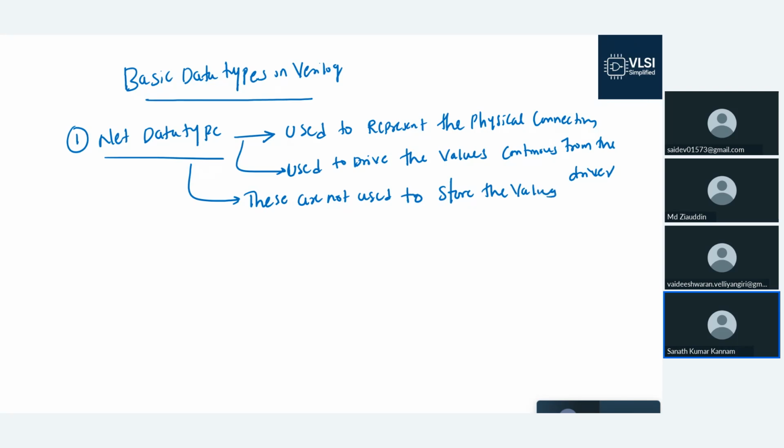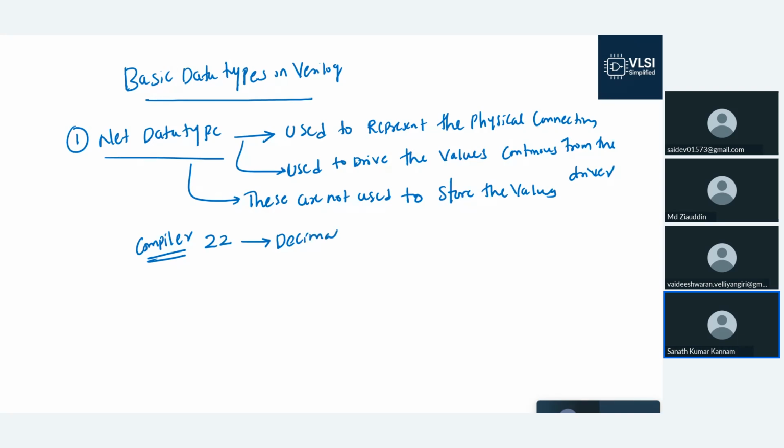Suppose you consider a data type, suppose 22 is there. So 22 by default is what value? What will the compiler take if I write 22? The compiler will take it by default as decimal.